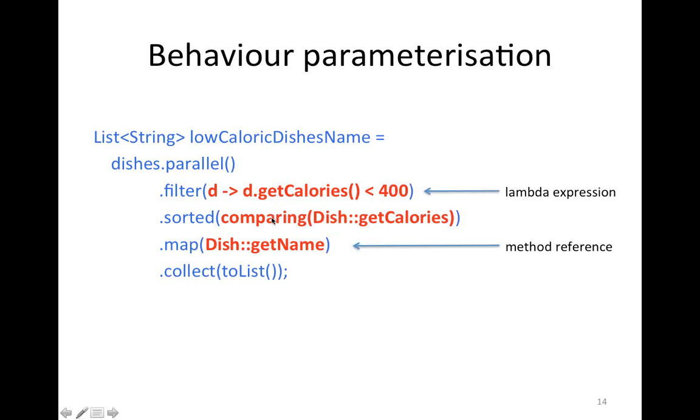So the behavior of the sorted method is also parameterized with its argument. And finally, we've got a map method that says, given a list of dishes, I'd like to extract the names, but we could also extract the calories, for example. In this case, we're passing a little bit of code, and this is called a method reference. It's also a new feature in Java 8, which we'll discuss later on.